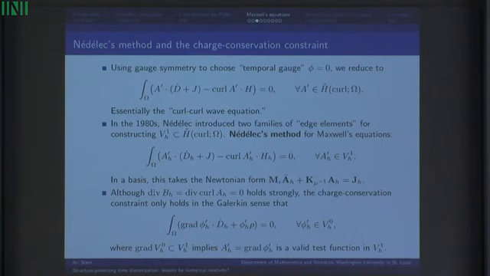However, the charge conservation constraint div D equals rho here is only going to hold in a much weaker sense, in the sense that it holds not for arbitrary test functions, but for test functions that are the gradient of something in a finite element space of scalar functions. So in this case, it'll be a Lagrange finite element space of some degree, so that the gradients of functions in this space are admissible test functions here.